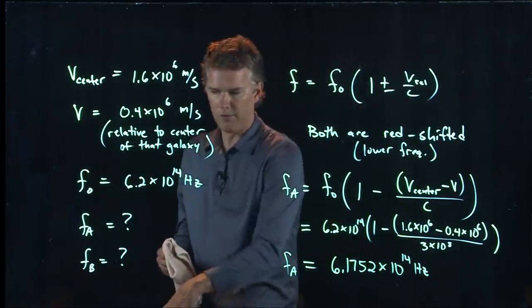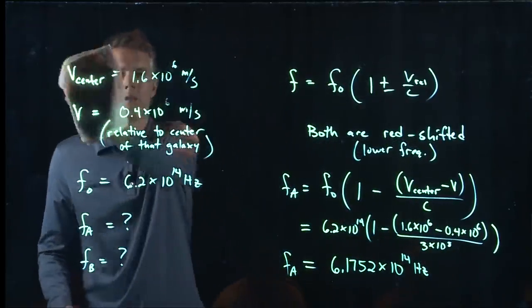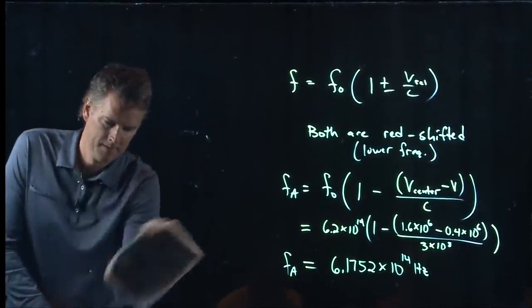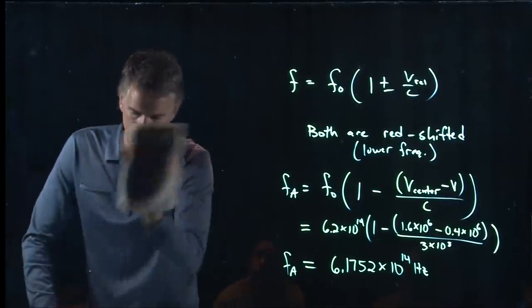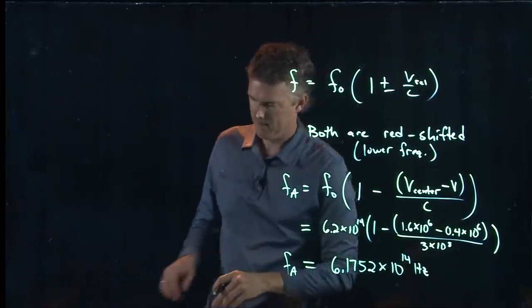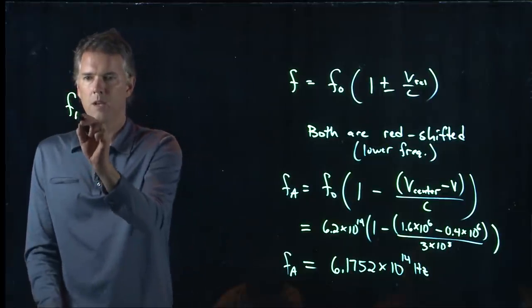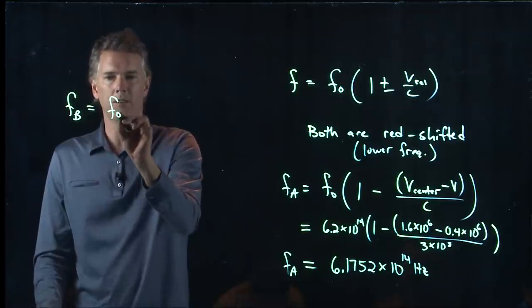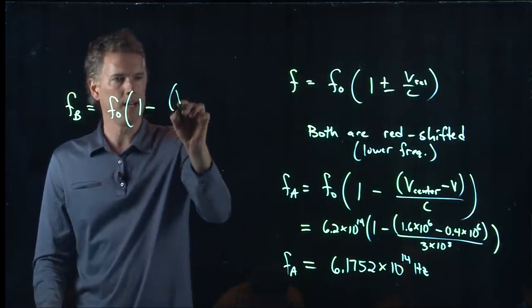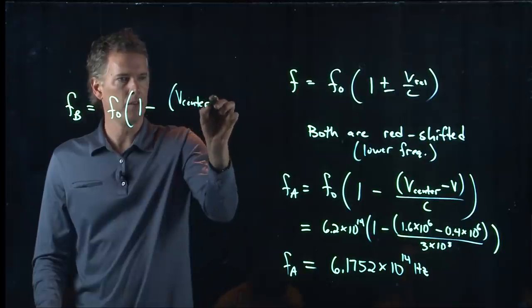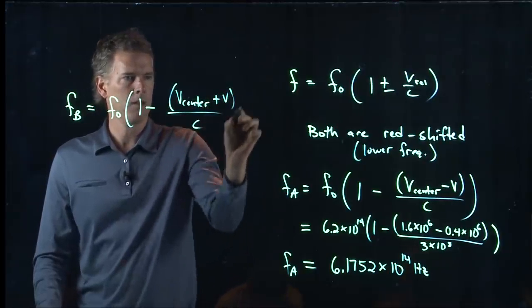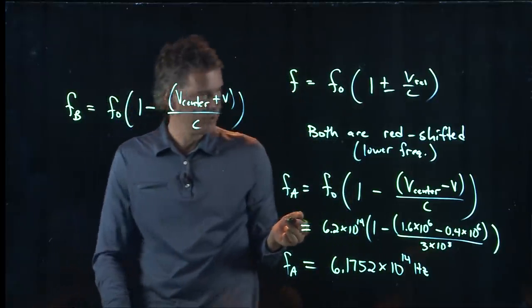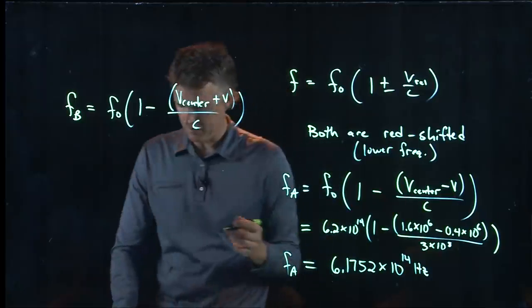Now, if you do the other side, frequency B, what do you get? Frequency B is going to look very similar, except we're going to change one of these signs. So it's 1 minus v center plus v all over c. It's the same numbers, you just put a positive sign right there.